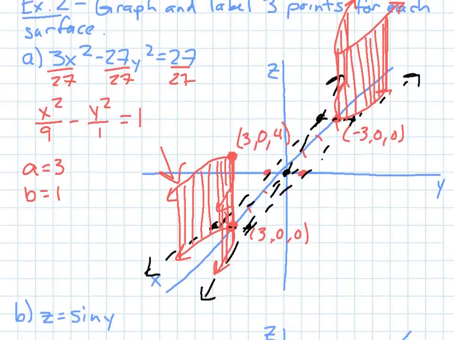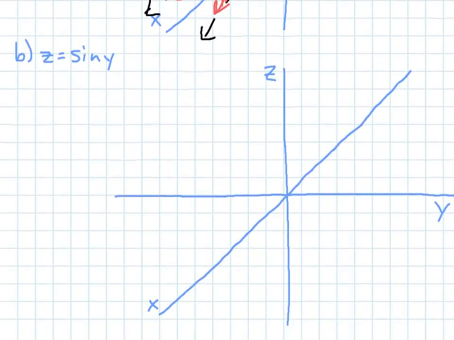Then the next one, now just like I said, it could be any equation. So here you have z equals the sine of y. So then this is going to be a sinusoidal one. So let's go with your y-axis first. And remember, because you're talking about your y-axis and you're talking about sine, you want to change the scale. So you want to change it to radians so you can actually graph it.